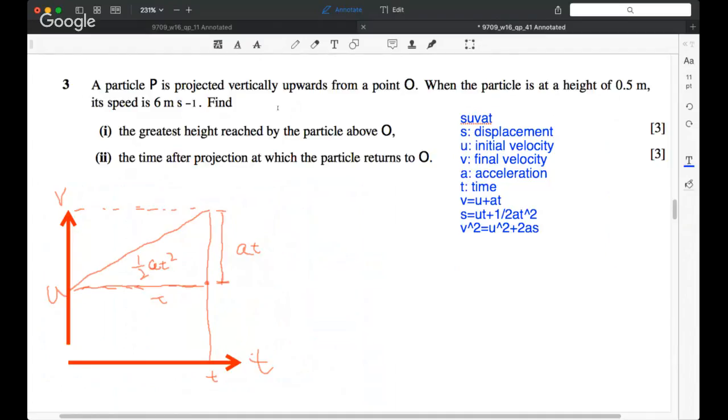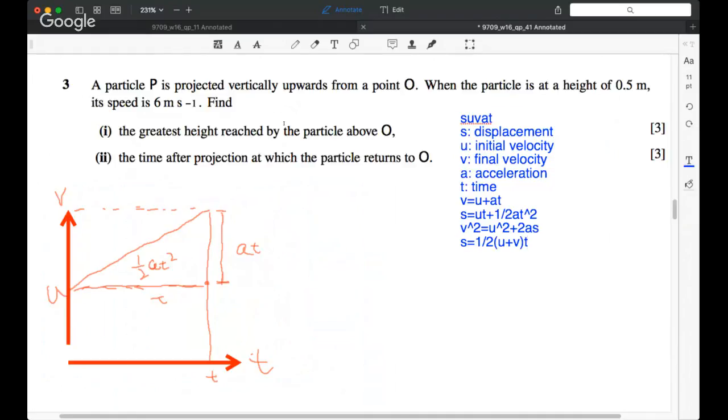How you get this result is you use the first equation to work out t in terms of u, v, and a, and use another equation, which is s equals a half u plus v times t, which again can be seen from a graph because that's just the formula for the area of a trapezium.